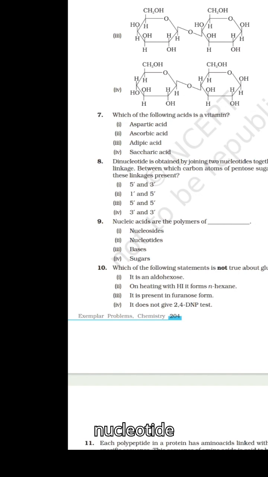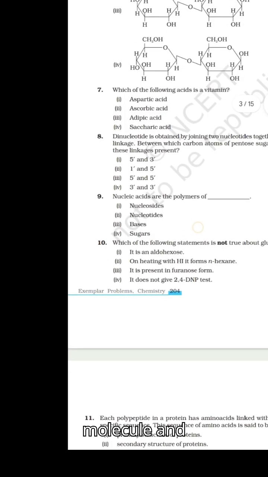Here, each nucleotide is again made up of 3 components. The first one is a ribose sugar, the second one is a phosphate molecule, and the third one is a nitrogenous base. So with all these 3 things a nucleotide may be formed.